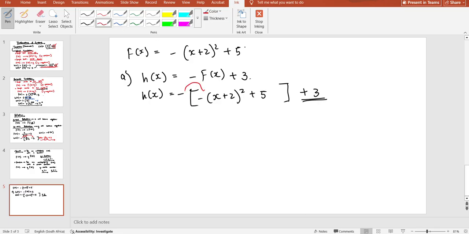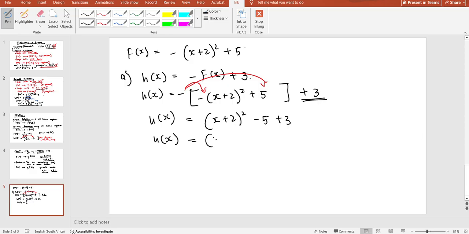It's going to help you because this negative will times with that bracket, and it's going to times with the 5. And if that happens, we end up with a positive bracket with a -5, and this -5 is being added with a 3. And so my new h of x is x plus 2 squared minus 2.